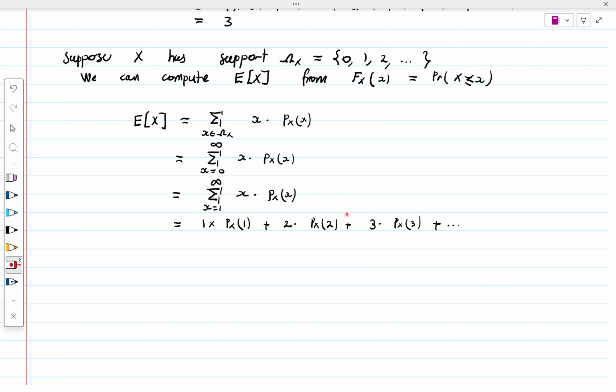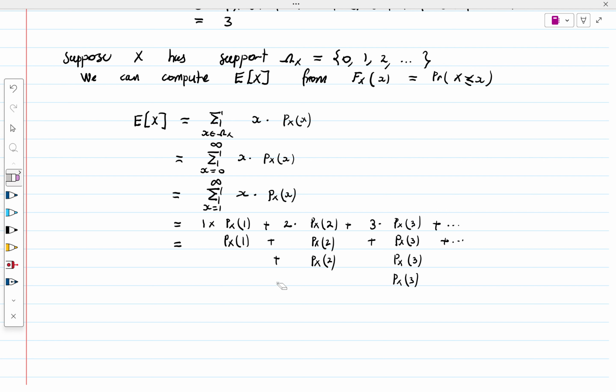Wherever I see a multiple of a probability, so 2 times a probability, 3 times a probability, I'm going to rewrite it in the following way. p_X(2), I'm going to split up into p_X(2) and p_X(2). p_X(3), I'm going to split up into its component parts, and don't forget that I've still got the p_X(1) here. And basically, I'm adding them all together.